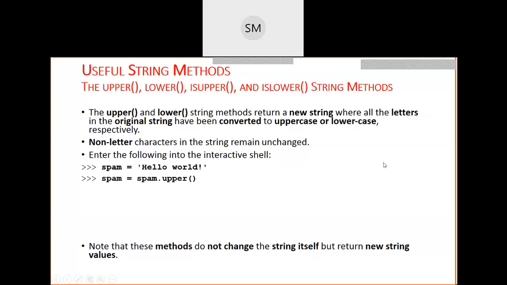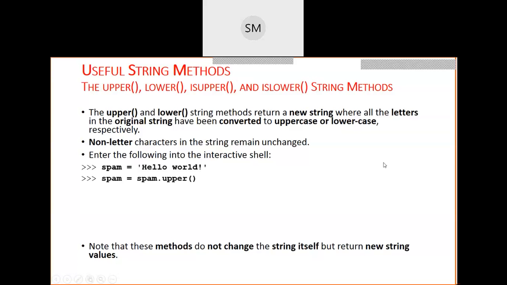What it means is that the resultant string returned from the upper method will be stored once again in the same variable, that is spam. Because of that, we assign the resultant string to the old variable, spam equal to spam dot upper.